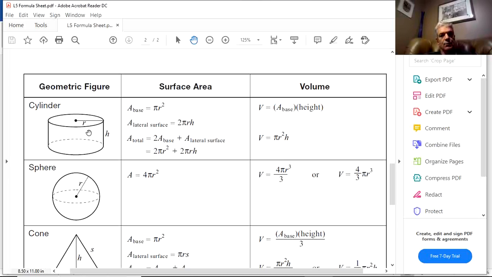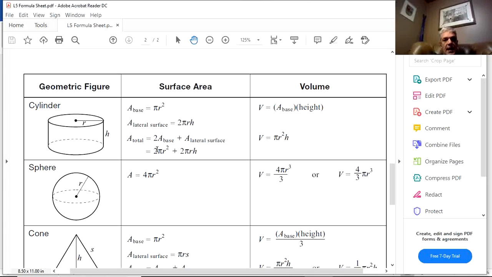A net will have a rectangle that is the curved side, and two circles. And so you have two areas of the circle, two areas of the base, and then the lateral surface area that is added to it. And here's the formula that they give you for that.